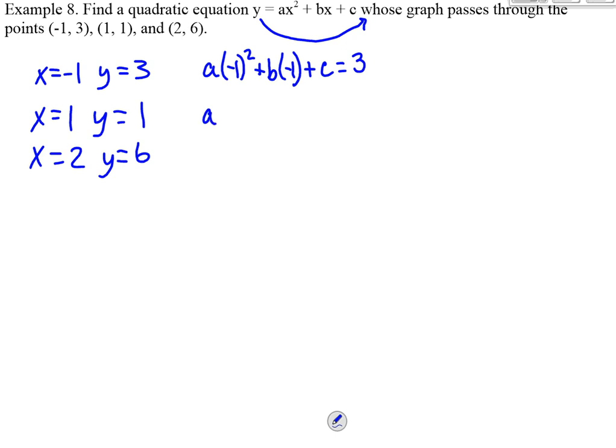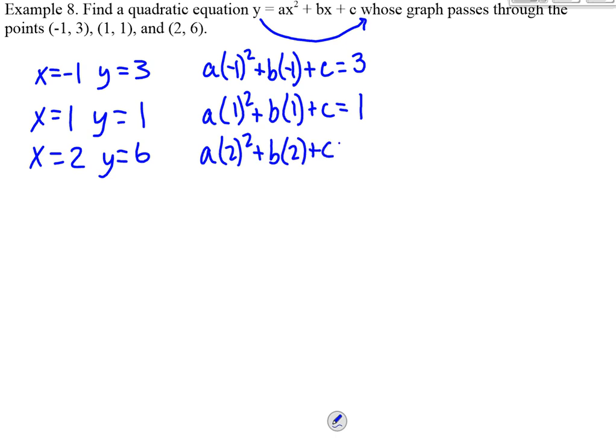And then a times 1 squared plus b times 1 plus c equals y, which is 1 again. And then a times 2 squared plus b times 2 plus c equals y, which is 6.